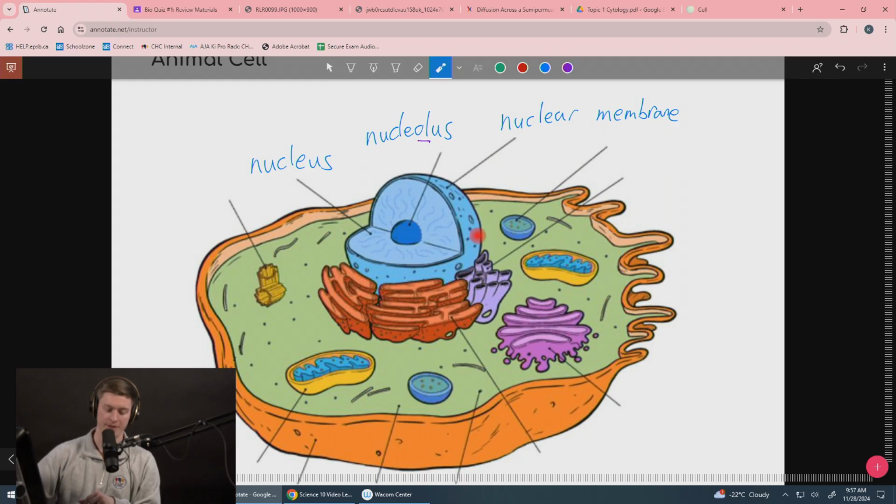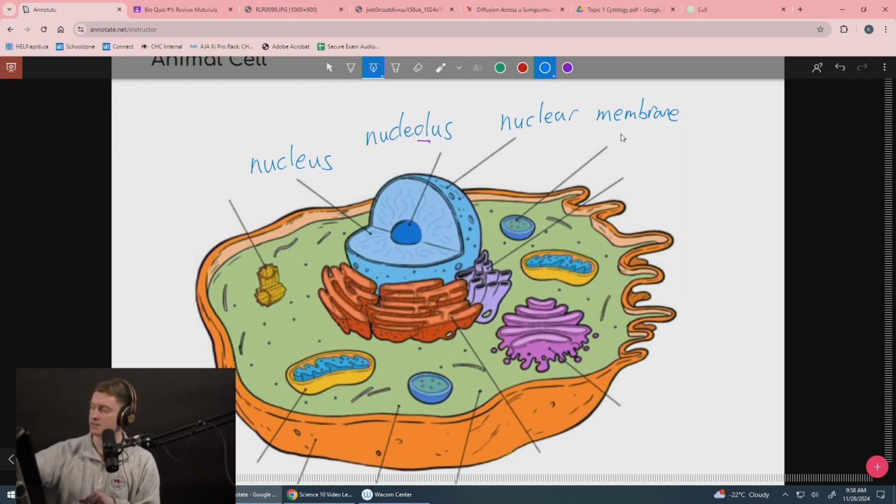Okay, now we're going to just move clockwise here. This blue semi-sphere, because it's cut in half, could actually be a variety of things.